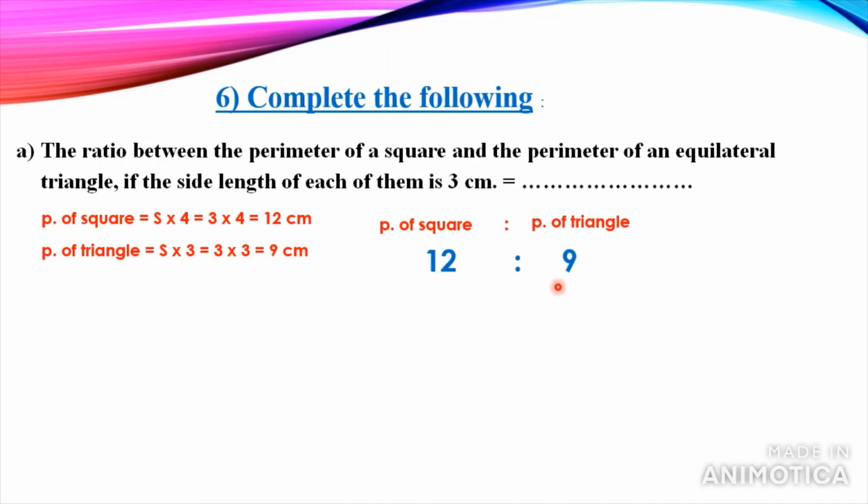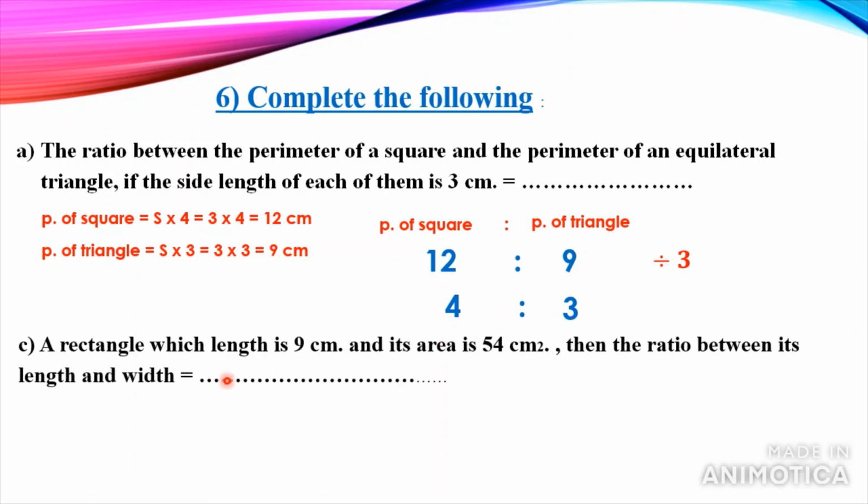The perimeter of the square is 12 and of the triangle is 9. 12 and 9 are not in simplest form, so divide by 3. 12 divided by 3 equals 4 and 9 divided by 3 equals 3, so the simplest ratio is 4 to 3.